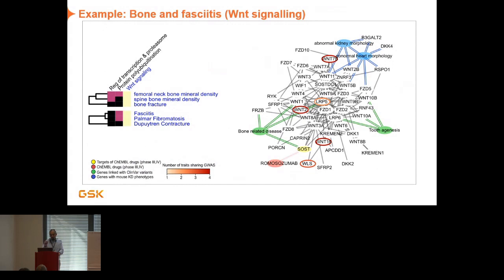In blue, we annotated with a mouse knockout phenotype for some of those nodes in the network, and you can see abnormal kidney or abnormal heart morphology, and that tells us maybe there's a risk in developing a drug here. There may be a safety signal for that.